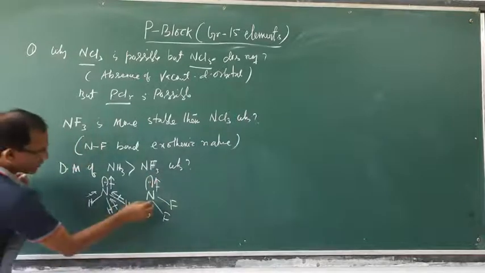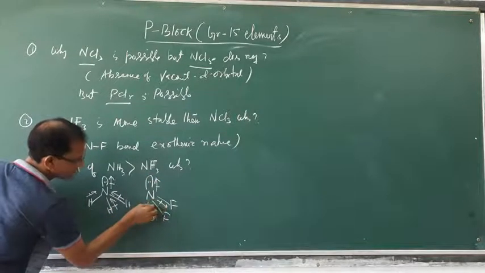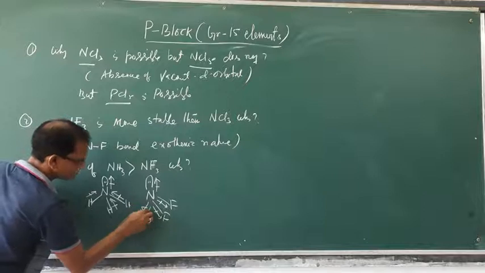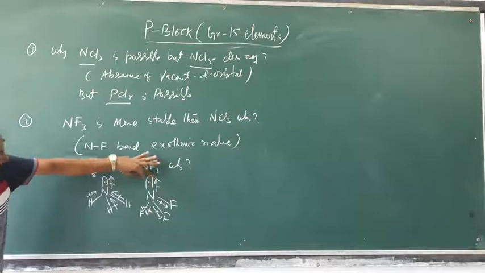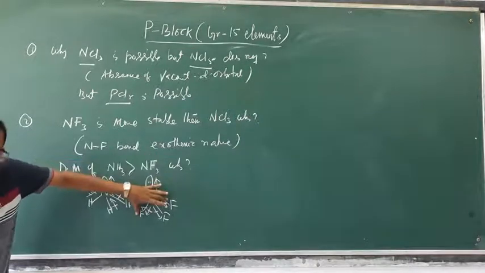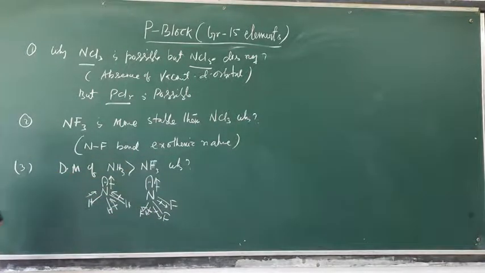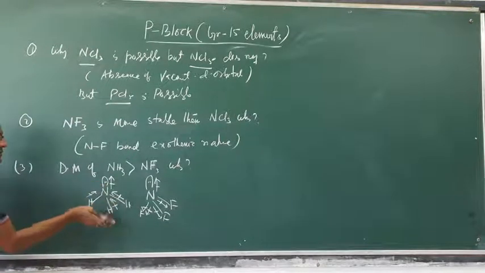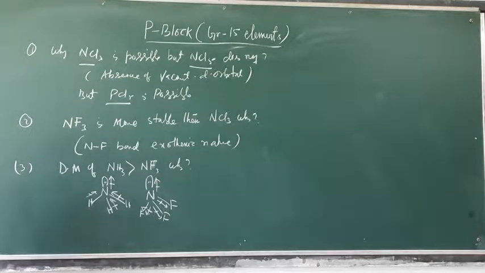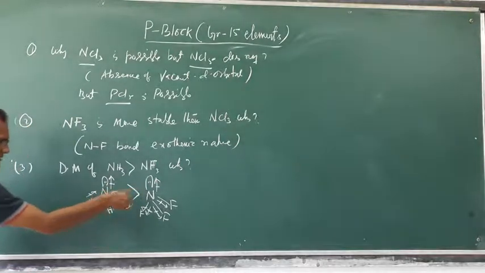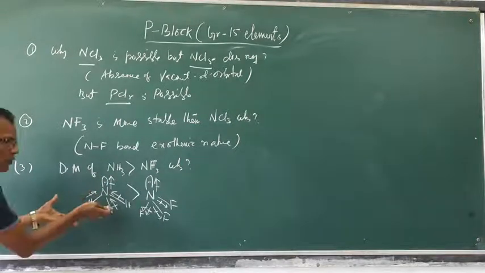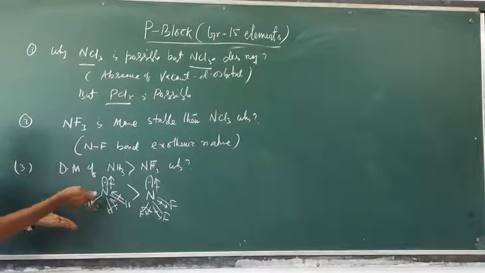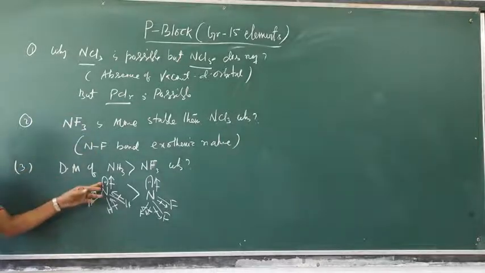But the N-F bond dipole moment is downward, opposite. Here you see the dipole moment of this lone pair and the dipole moment of the NF bonds are just opposite. But the dipole moment of the N-H bonds and the lone pair are in one direction. That's why the resultant dipole moment is more, because all dipole moments of the bonds are in one direction with the lone pair.